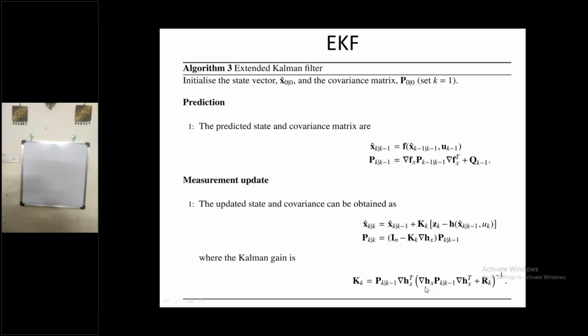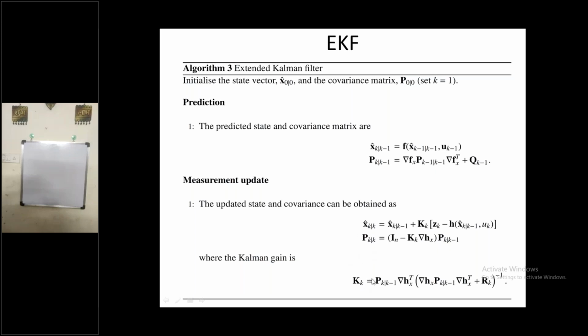K will come from here, where H is known, and this is the predicted one. Predicted will come from here, and H transpose plus R, whole inverse. In this way you are able to calculate the gain, and hence this gain can be substituted here, and this will give us the complete analysis.